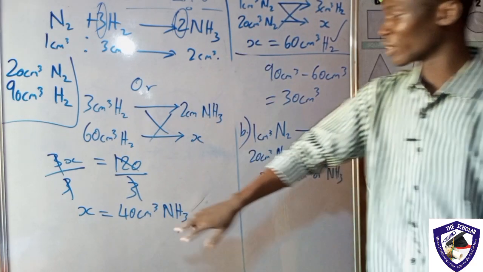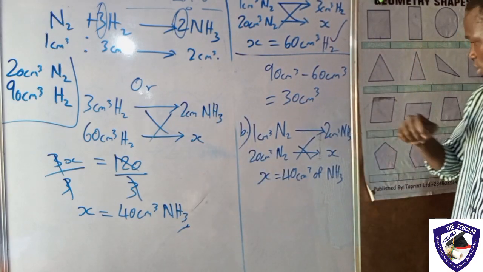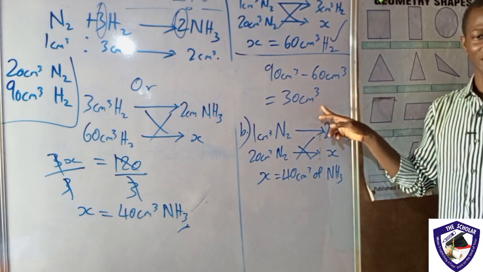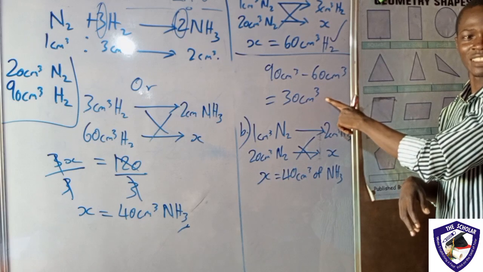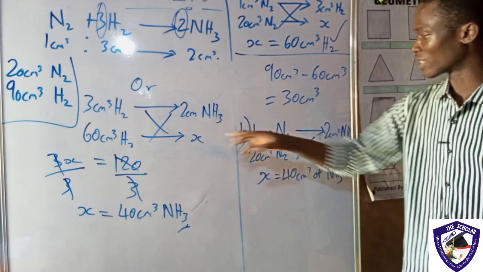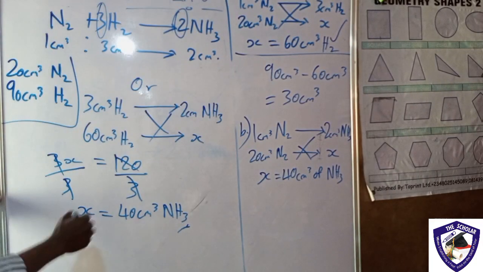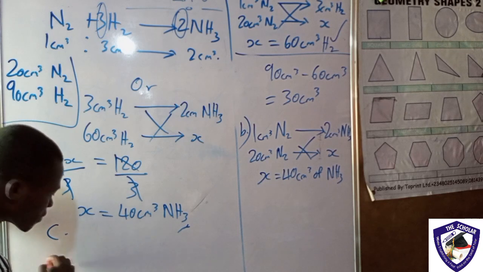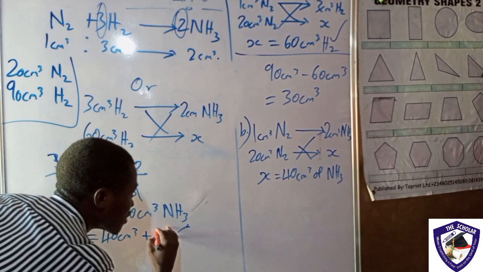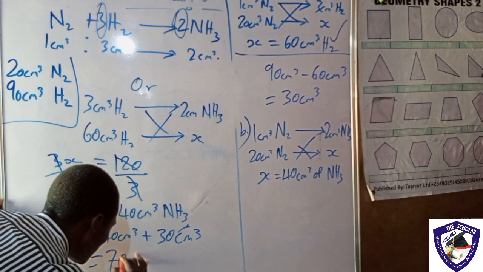The total volume is the volume of the product formed plus the volume of the excess gas. You are going to add them together. So our C is equal to 40 centimeter cube plus 30 centimeter cube, which is 70 centimeter cube.